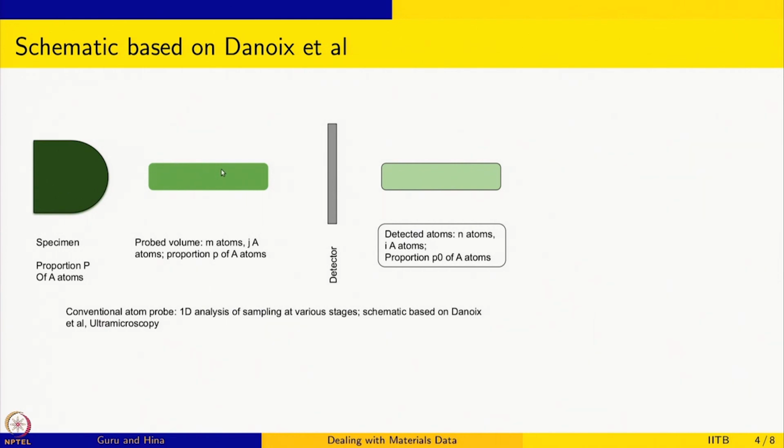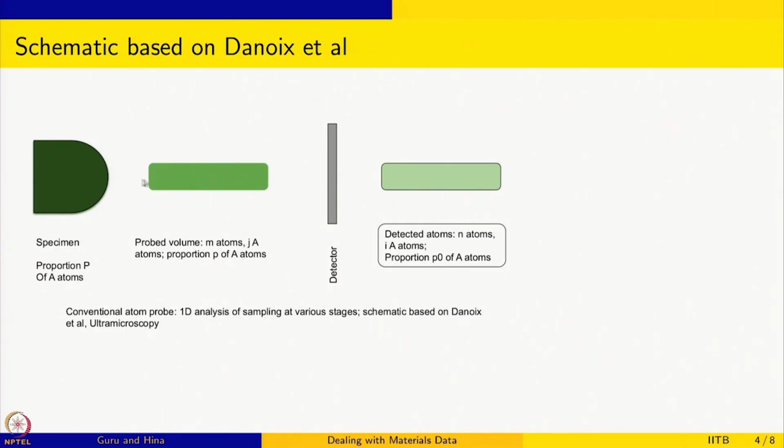Now, the probe volume consists of M atoms. From this sample we are going to pull out M atoms, out of which J atoms will be of type A. So, the proportion of A atoms in these M atoms that we pull out is P. This is the notation that we are using.